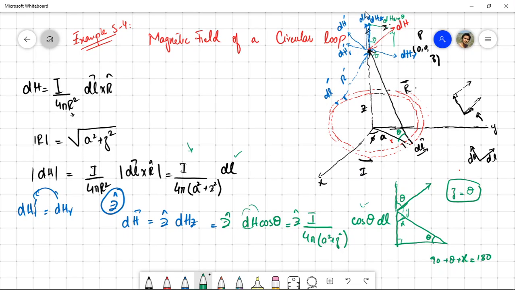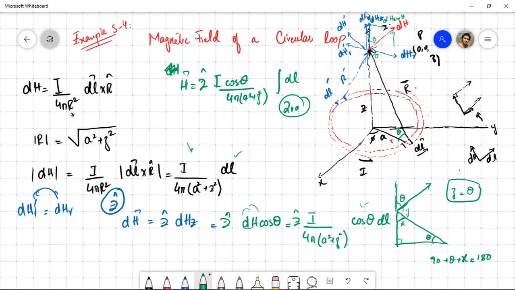First of all, we'll take the integral, because we have calculated the value of dh, but we need to calculate the value of h. So if we take the integral at both sides, h is now equal to z hat I cos theta over 4 pi times a square plus z square, and the integral of dl. This is a closed circular loop, so we know that for a circle the whole integral will equal 2 pi a.